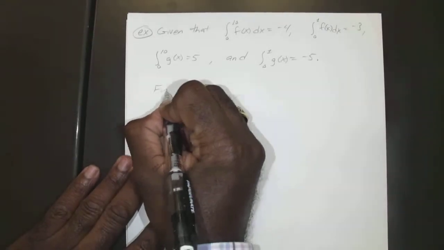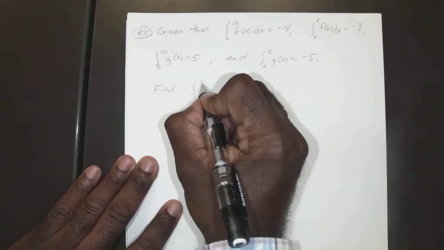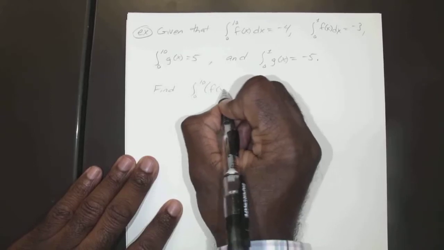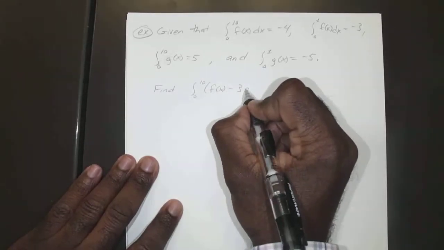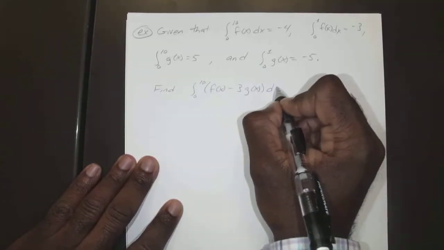They want us to find the integral from 0 to 10 of f of x minus 3 times g of x with respect to x.